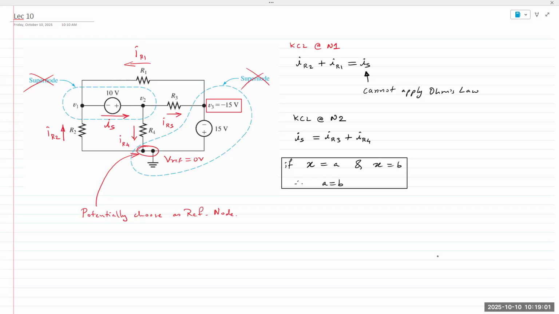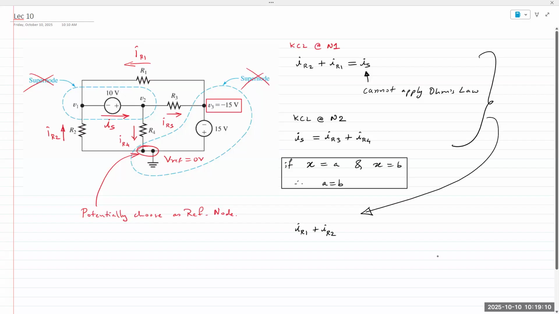From both the above equations, I can write IR1 plus IR2 equals IR3 plus IR4. That's all it is.